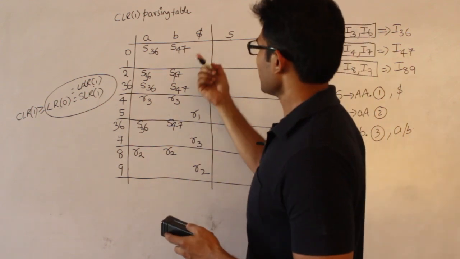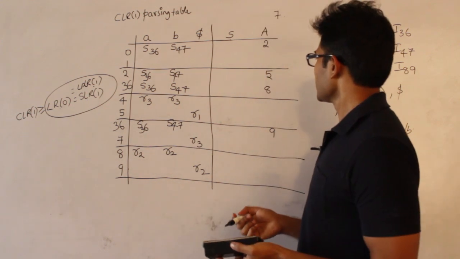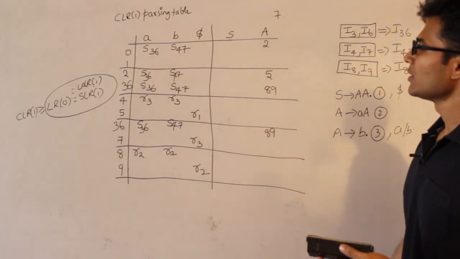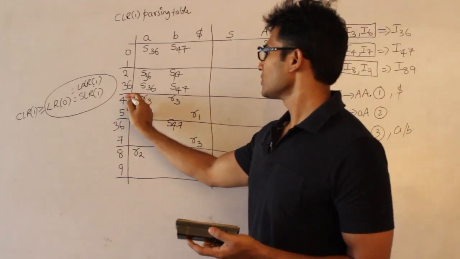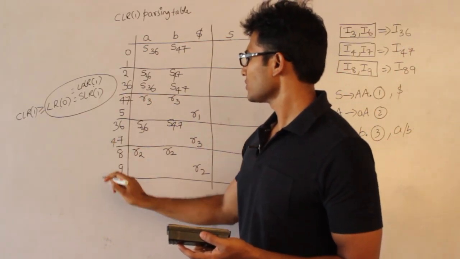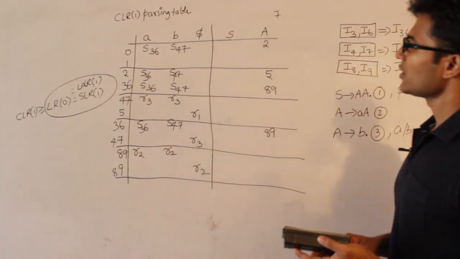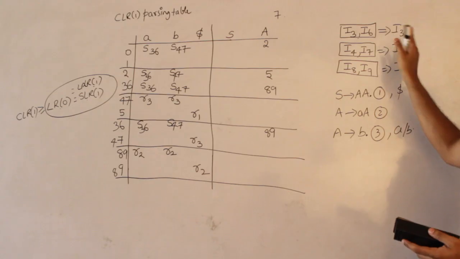There is no S8 or S9, so here there is 8, 9 and here there is 8, 9, right? Now change it even in the row numbers: 4 7, 4 7, 8 9, 8 9. So we have combined two states into one state.